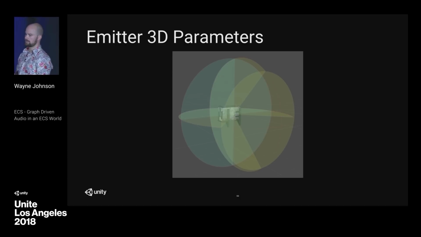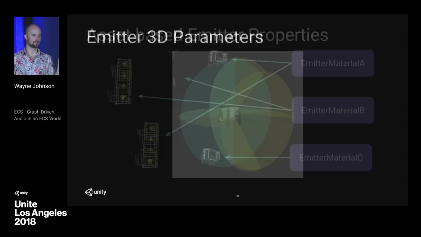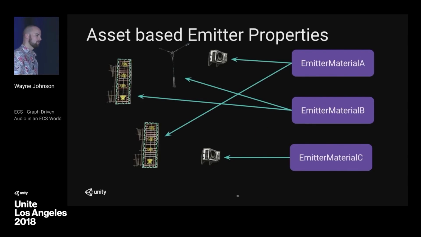But these properties themselves weren't stored on the component. We developed a material system so that you could define a material asset which defined all of these 3D properties, and then share those properties between different instances of these prefabs throughout the world.